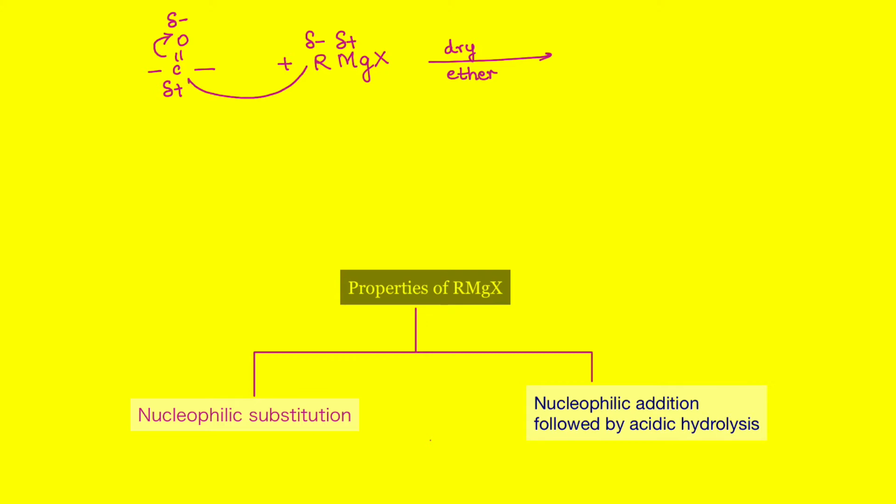So the alkyl carbon attacks the carbon of the carbonyl group, the C double bond O group. Carbon is positive, it is attacked by the carbon of the Grignard's reagent, whereas MgX will be taken up by, of course, oxygen.